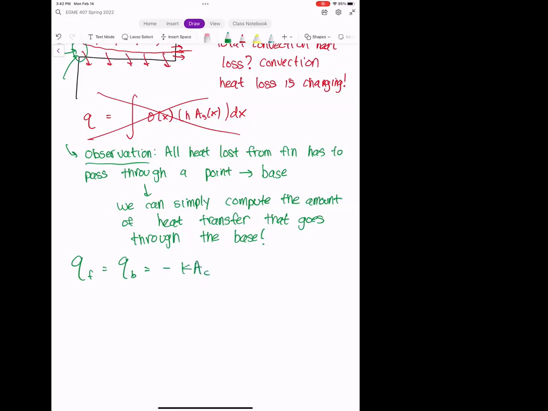And so Q at the base is going to be minus K times AC times d theta dx evaluated at x is equal to 0. Okay. And so I'm going to give you the general formulation for this, just so that you can plug in for stuff later.